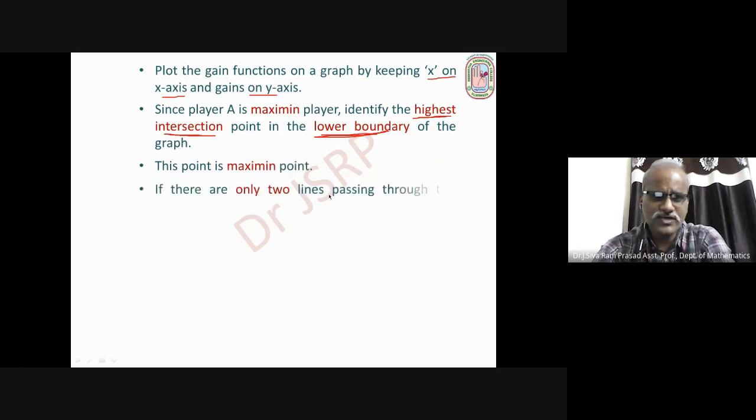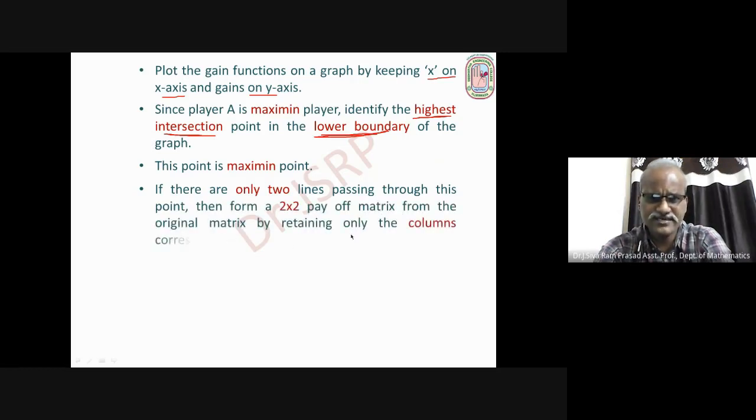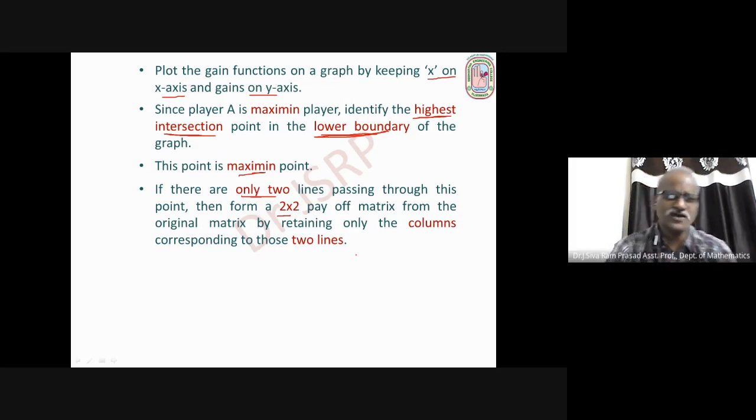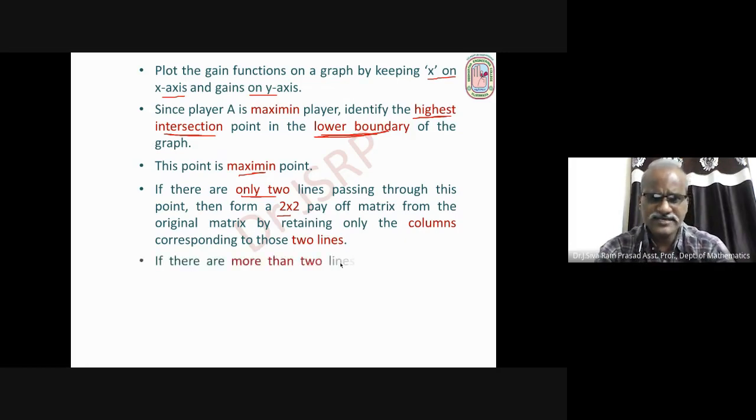If there are only two lines passing through this point, then form a 2 by 2 payoff matrix from the original matrix by retaining only the columns corresponding to those two lines. Suppose there are more than two lines passing through this point.